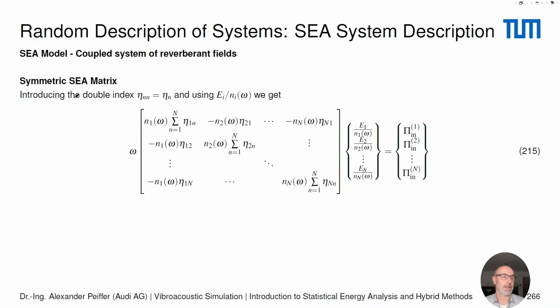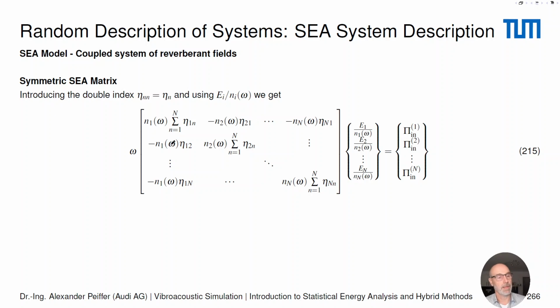And that means that we can simplify our matrix. We take the same energy value, but now we divide these energy terms by the related modal density. This leads to the fact that in our matrix formulation, we always have combined terms of modal density by a coupling loss factor.